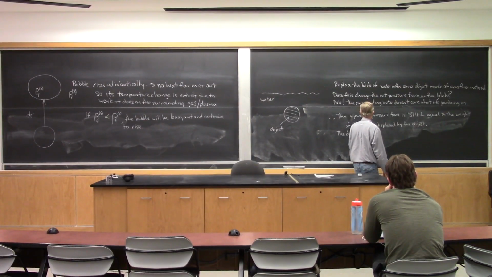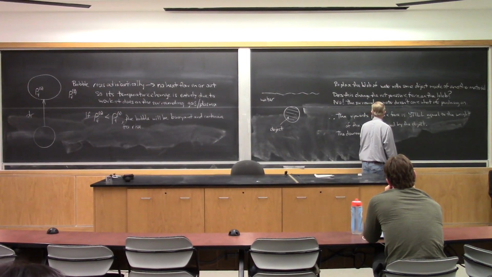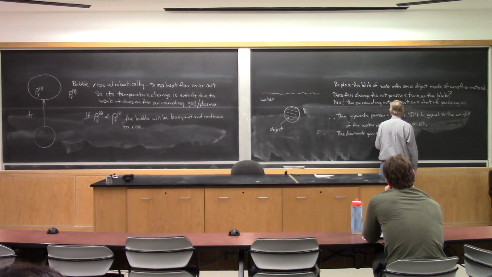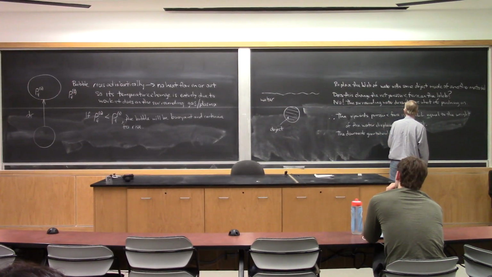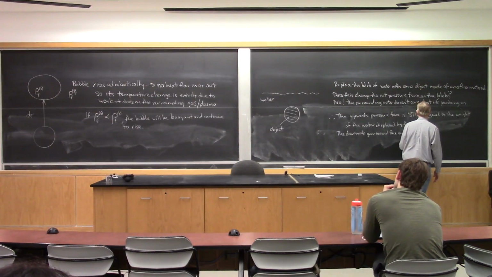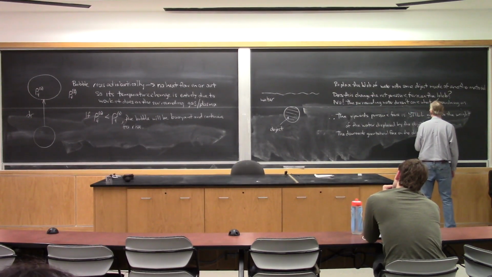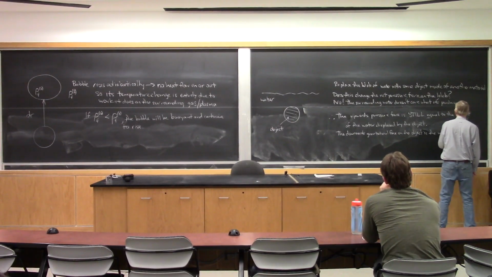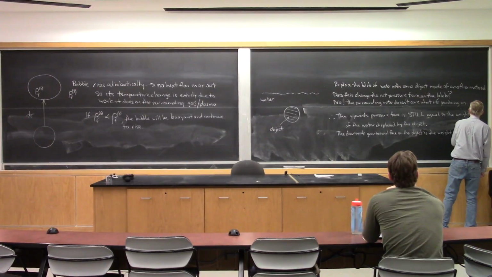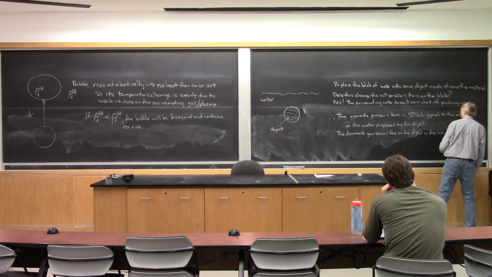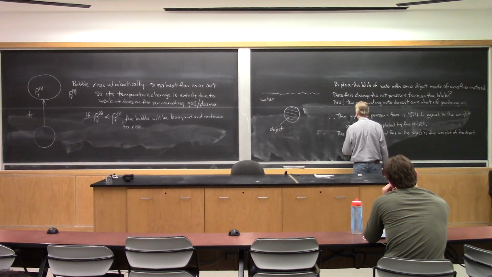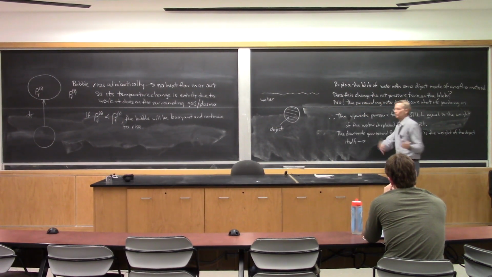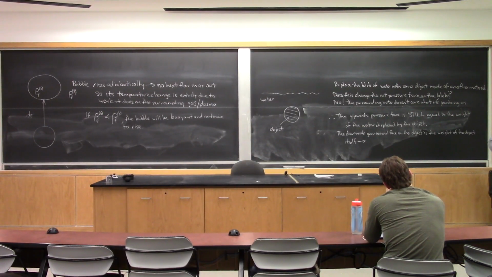The downwards gravitational force on the object is the weight of the object itself. So there will be a net downwards force. The object will sink if it weighs more than the water that it displaced.